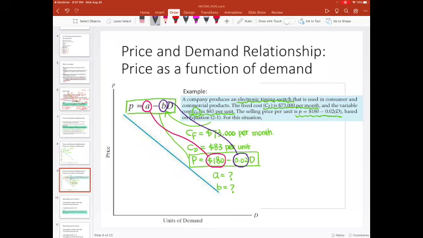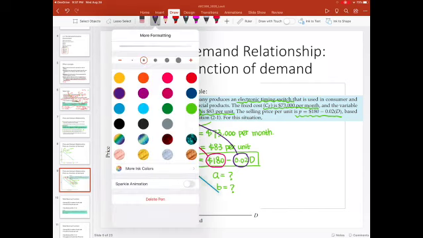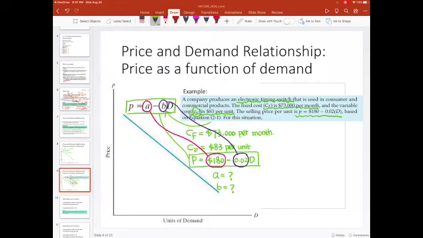This is how: you compare the general formula to the specific formula you're given. So what you can write here is A is 180 and B is 0.02.